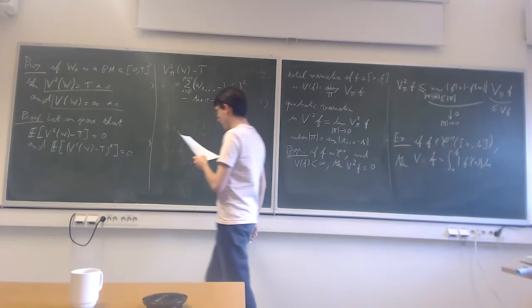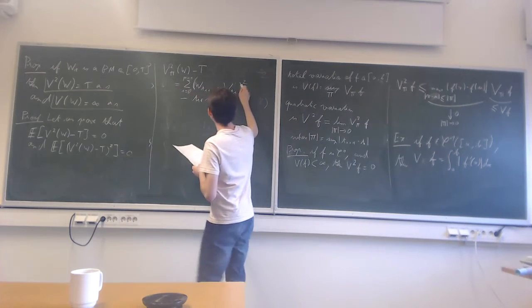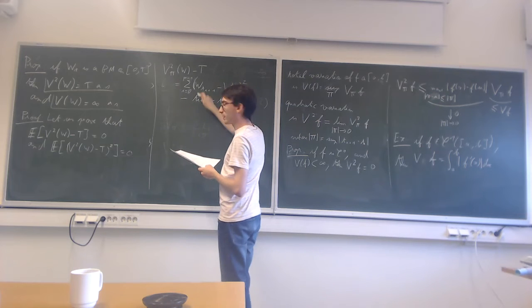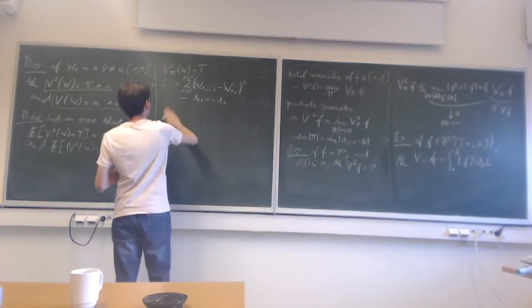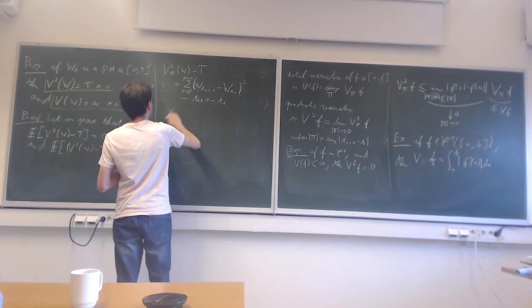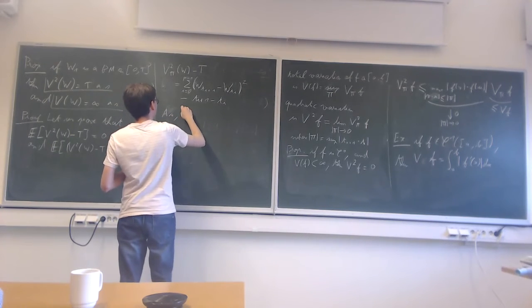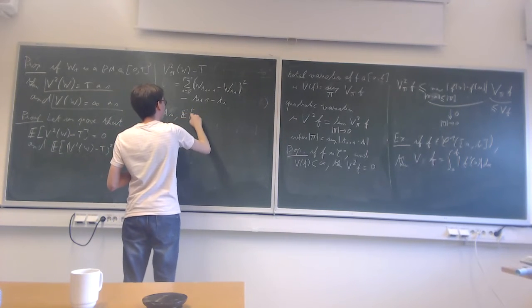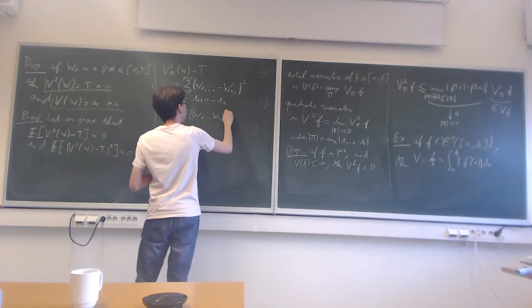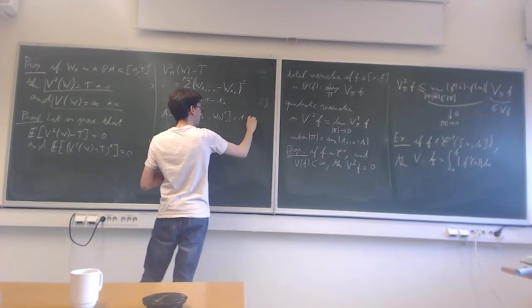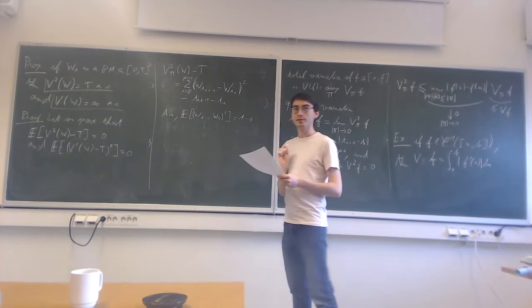We just write it this way, and you see that the expectation of this is exactly 0. This is because the expectation of (W_T minus W_S) squared is equal to T minus S. Remember this?